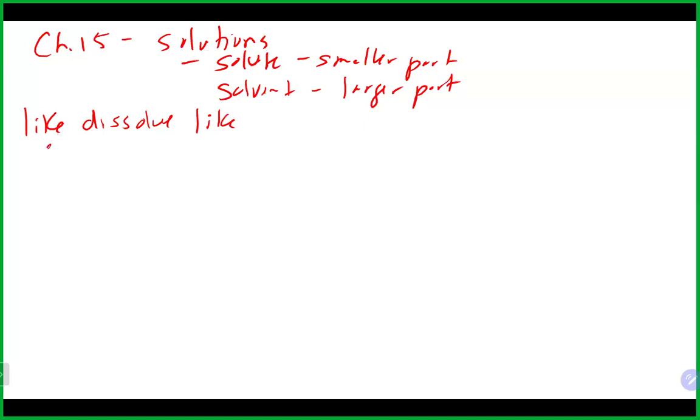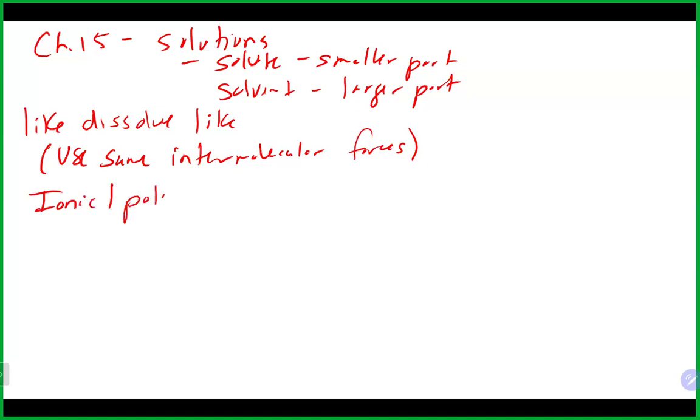In essence, they use the same intermolecular forces as they do with themselves. So those things like we talked about in the last chapter as well, which is like our dipole-dipole, hydrogen bonding, dispersion forces. So things that are ionic and polar are going to be soluble in each other.